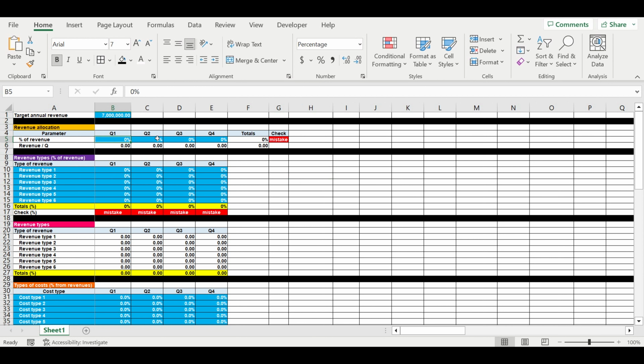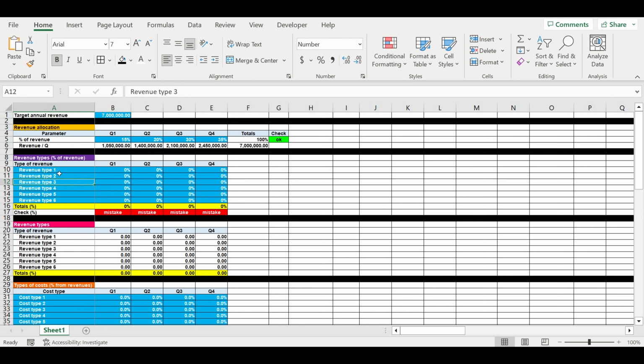During the first quarter we are going to gain 15% of 7 million. Then we are going to reach 20%, then 30 and 35, and now we get 100% revenue allocation. So this means that we don't have a mistake here. We allocated 100% of the revenues.